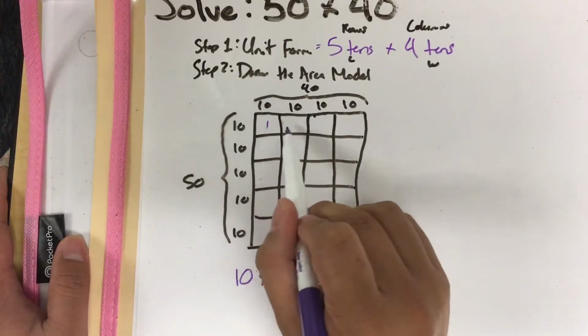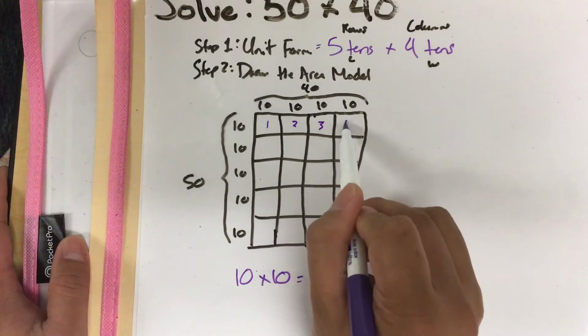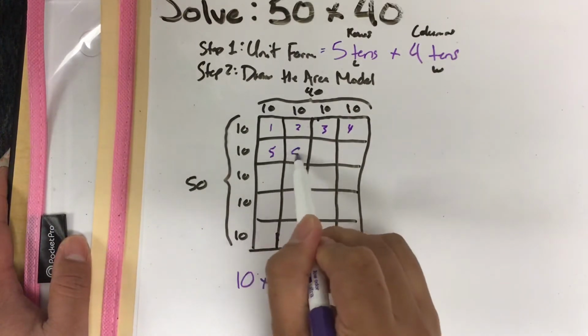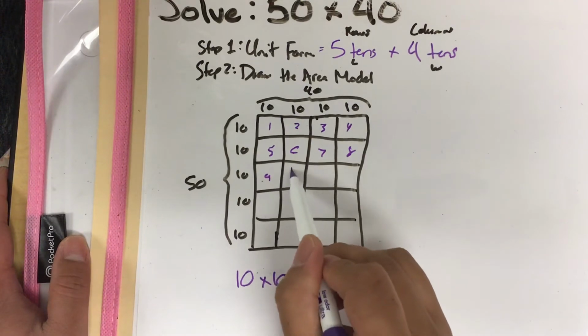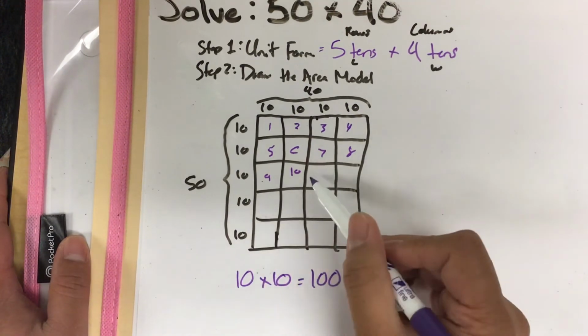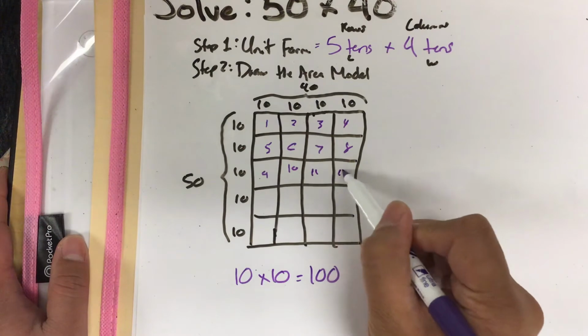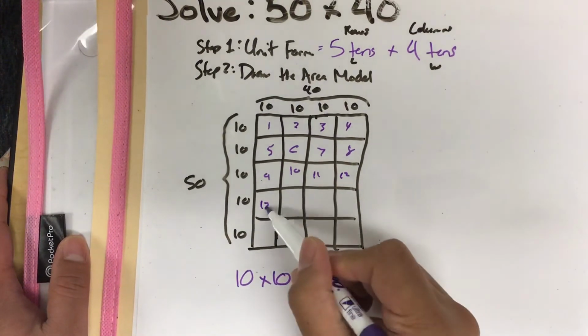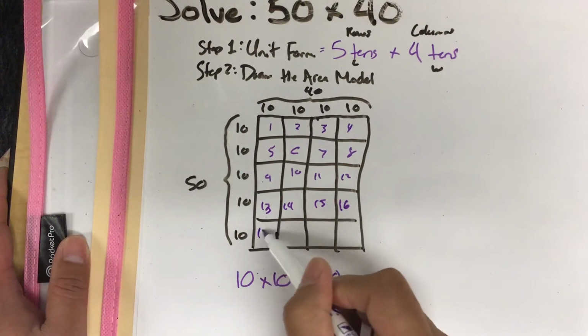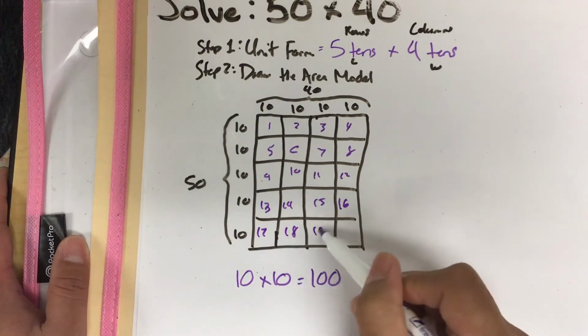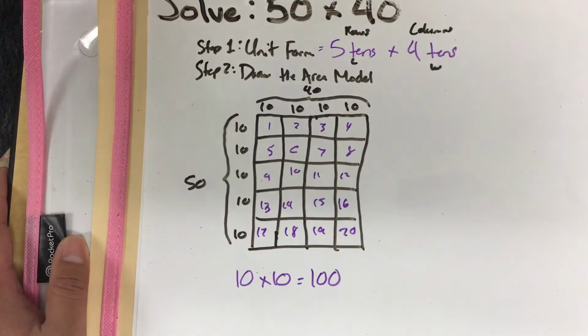So now if we count 100, 200, 300, 400, 500, 600, 700, 800, 900, 1000, 1100, 1200, 1300, 1400, 1500, 1600, 1700, 1800, 1900, and 20 hundreds.